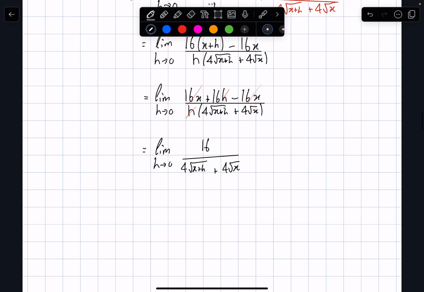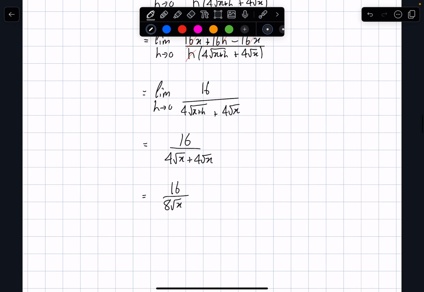So I'm going to make all h's 0, so that means I'm left with 16 over 4 root x plus 4 root x. These are like terms, so on the denominator, I've now got 16 over 8 root x, and I can simplify 16 over 8 to be 2 over root x, which is the solution we require. So my derivative f dash of x is 2 over root x.